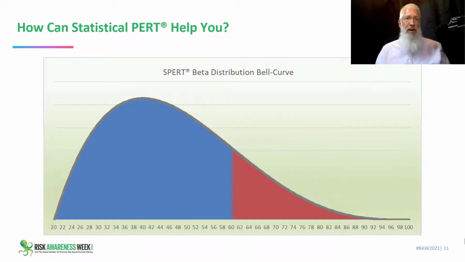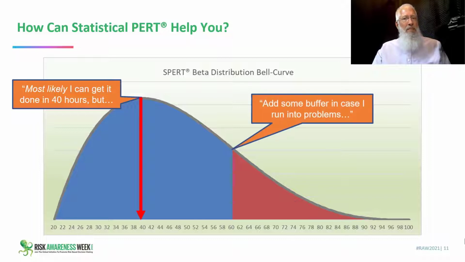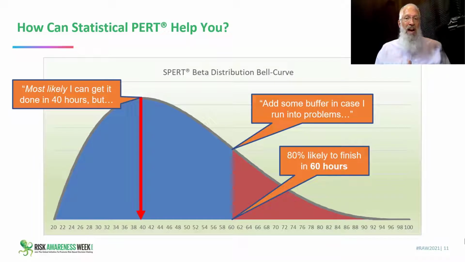Now, in project management, a lot of our task uncertainties are better modeled using the beta distribution, which has a long right side tail. I could ask you the same question, hey, how long will this task take? And you might respond to me similarly, saying, it'll take me about 40 hours, but add some buffer in case I run into some problems. Now, if I model this task using the beta distribution, I won't put 40 hours or 47 hours into the schedule.